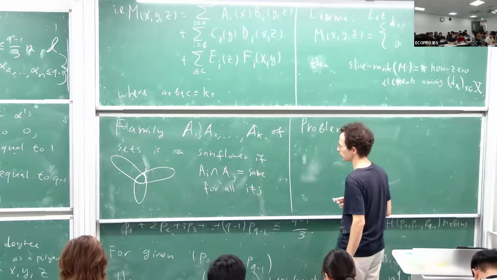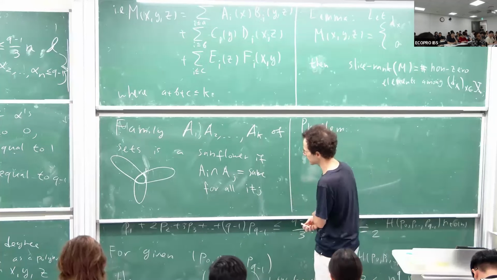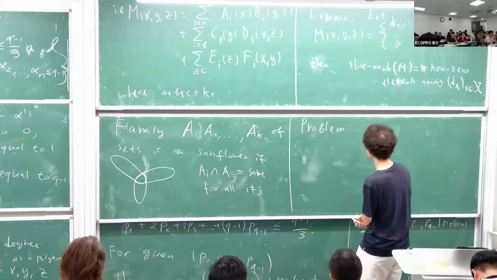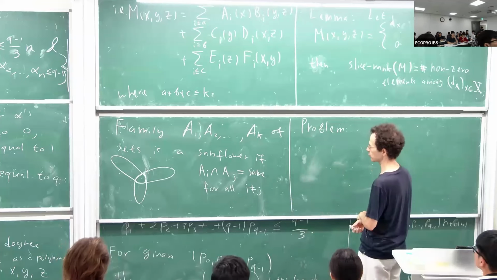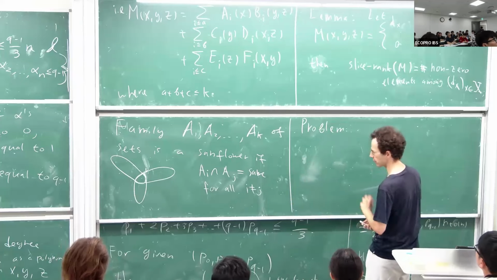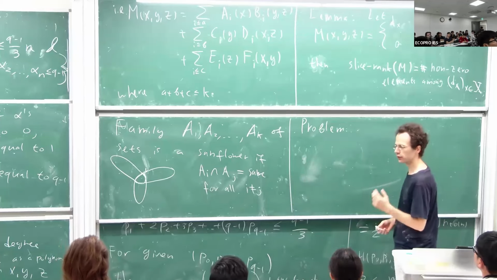And there is a problem which is still basically open: how large a family do we need to guarantee a sunflower of a given size? There are 2 versions: without restriction on the ground set, and the one we'll talk about, the less known one, where you restrict the ground set.